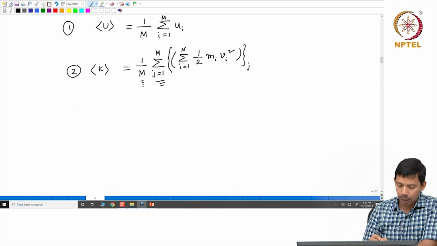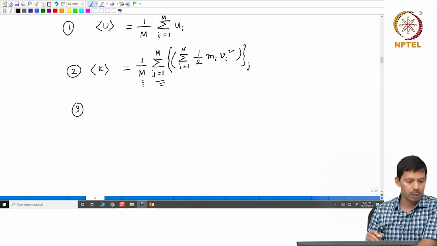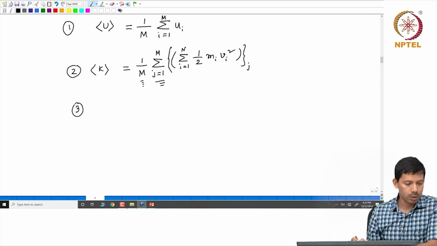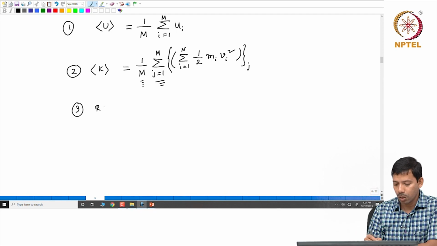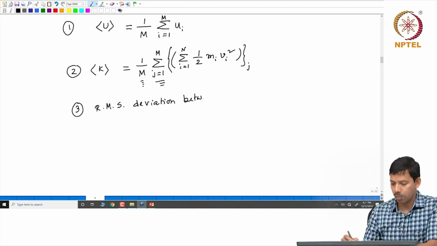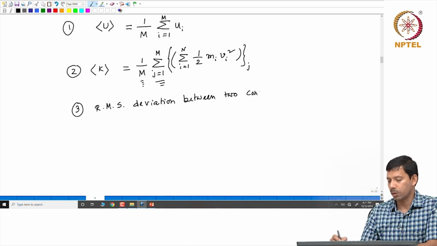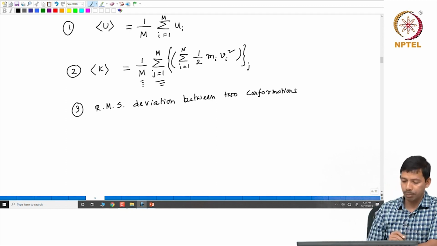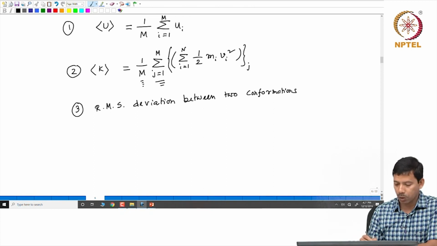You also can calculate the RMS deviation between two structures. So what is the root mean square deviation between two configurations, between two conformations? Let's say my conformations are alpha and beta, and I am talking about root mean square.